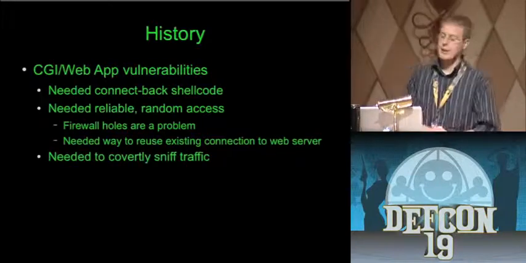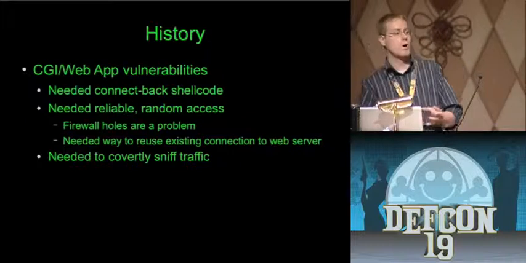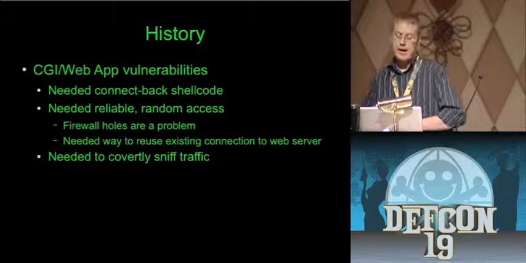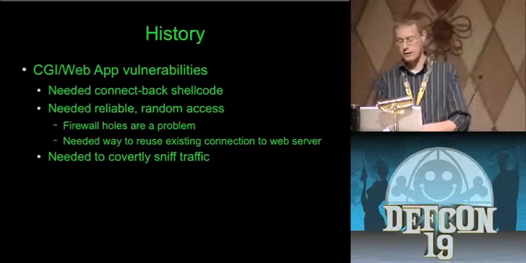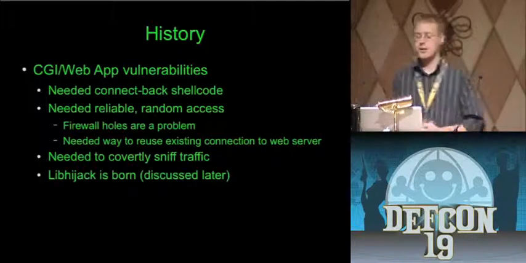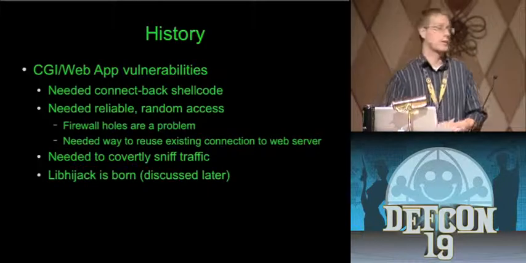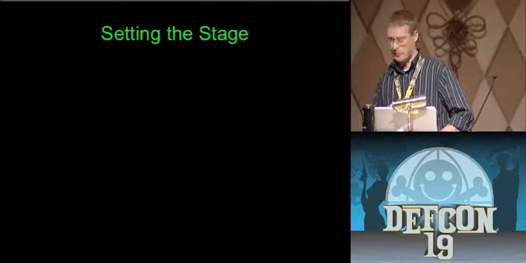I also needed a way to covertly sniff traffic. There was a time when the traffic was wrapped in SSL for HTTPS, and I needed to be able to grab the decrypted SSL traffic. So I created a project called Libhijack, and we're going to discuss that a little more. We're going to release a new version at DEFCON today, if the network permits.